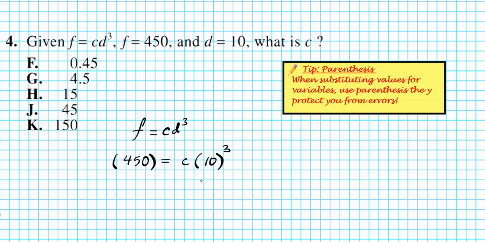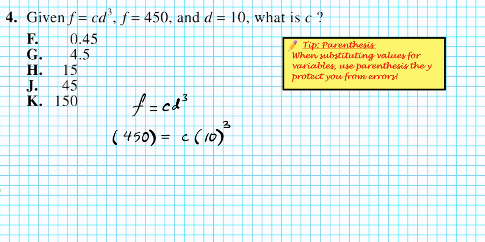So let's get rid of the parentheses first. So we have 450 equals 10 to the third is 10 times 10 times 10, which is 1,000. Okay, so we have 1,000c. Now, how do we get c isolated? We simply divide both sides of our equation by the coefficient of c, which is 1,000.